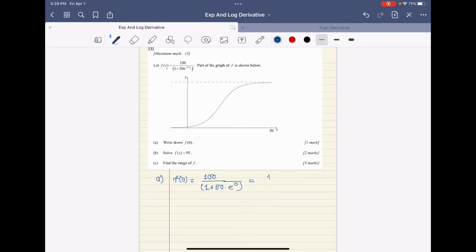So which is basically 100 over 1 plus e raised to 0 is 1, into 50 is plus 50. So basically 100 over 51, and if we calculate that value, it comes approximately 1.96.